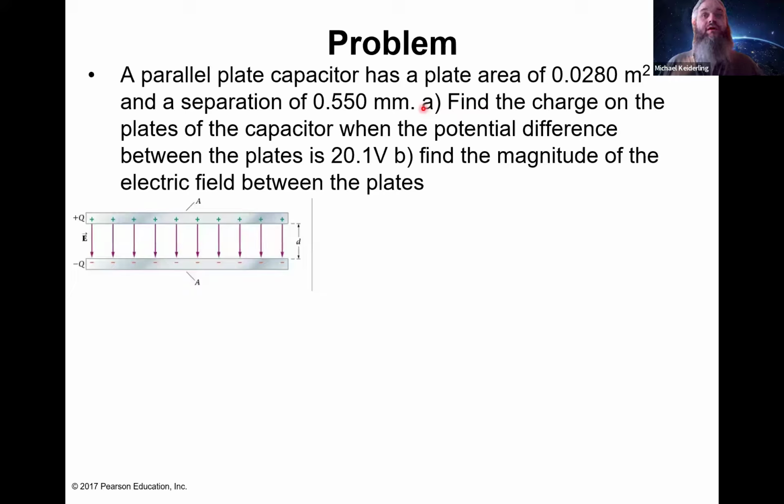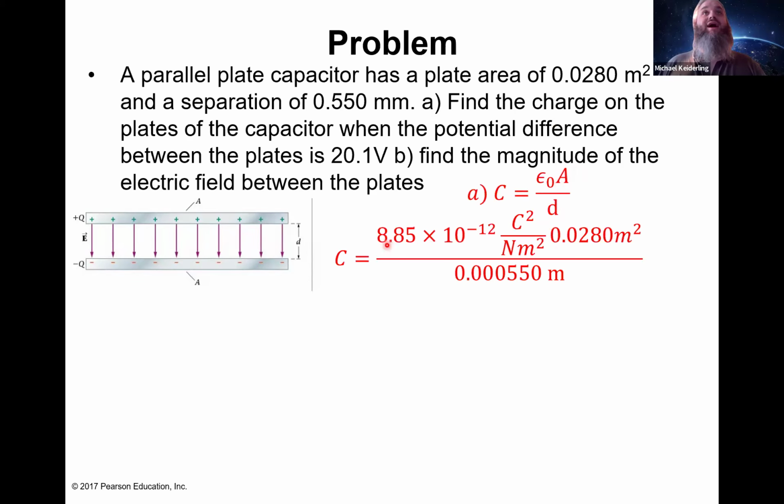Well, first of all, we need to find the capacitance. So to start, our capacitance is going to be epsilon naught times plate area over plate separation. So epsilon naught is 8.85 times 10 to the minus 12 coulomb squared over Newton meters squared times 0.280 square meters.